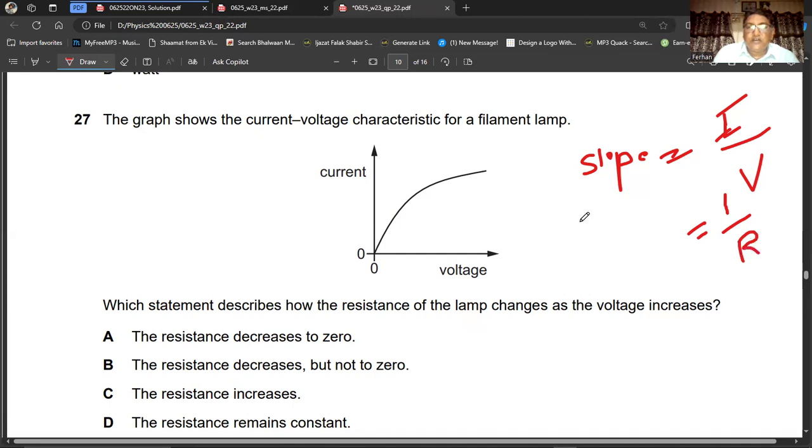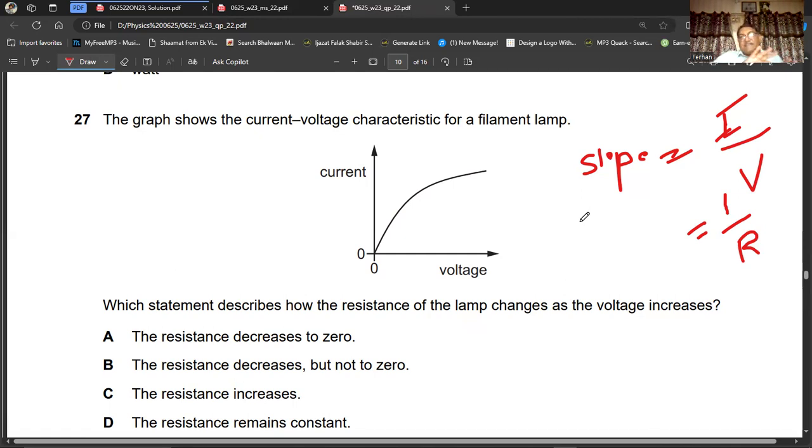Whatever is happening to the slope, the opposite is happening with the resistance.